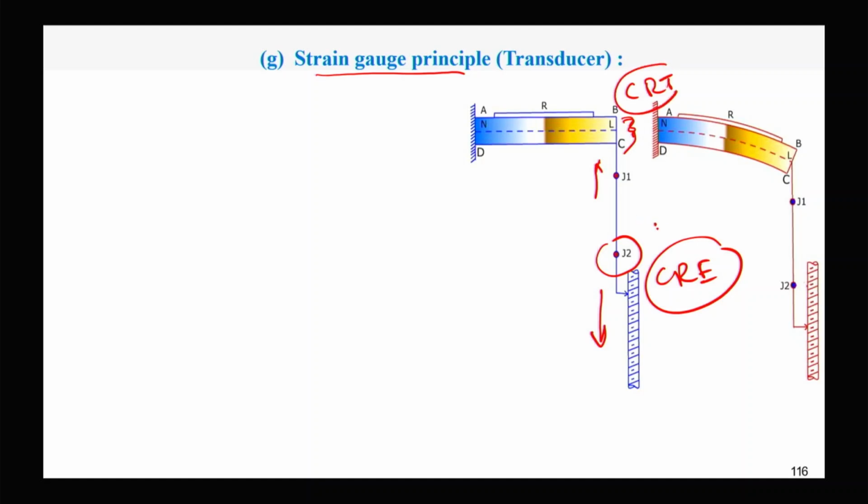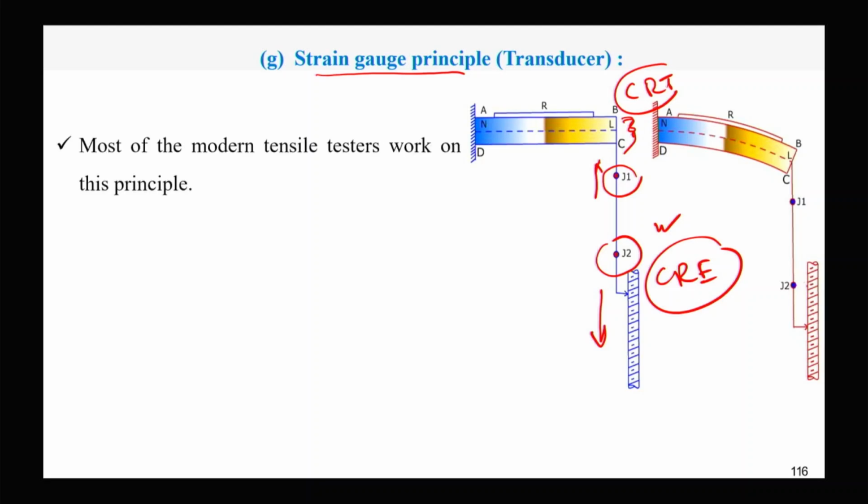We consider it constant rate of elongation, because the deflection of the beam or the movement of the upper jaw J1 is negligible, and it works on the Wheatstone bridge principle.